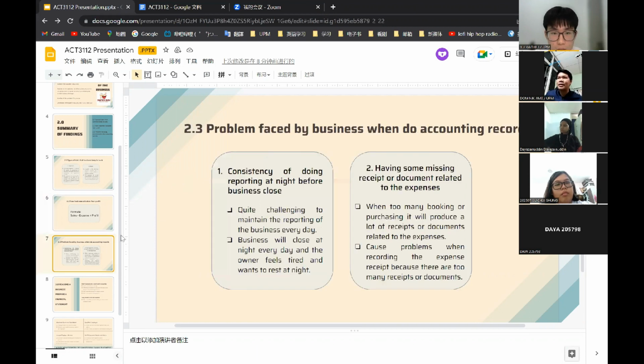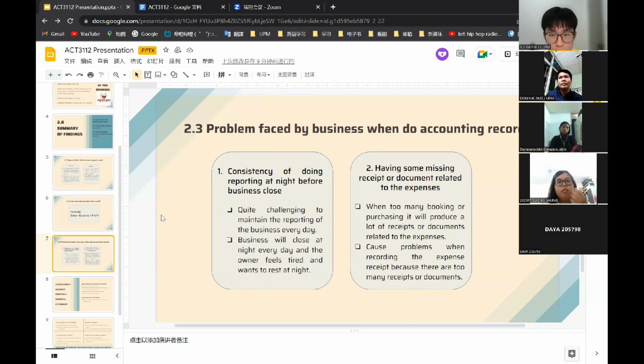The problem faced by the owner of the Dapur Bibi Tami Ghost Yummy business when doing accounting records is the consistency of doing reporting at night before the business closes. The owner said it's quite challenging to maintain the reporting every day, because the business closes at night and the owner feels tired and wants to rest.